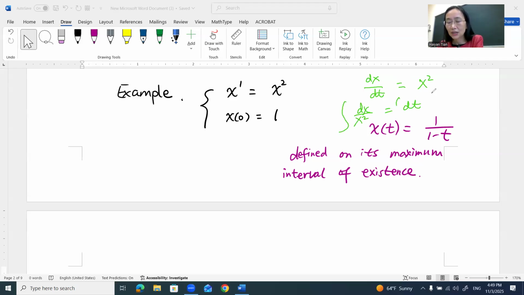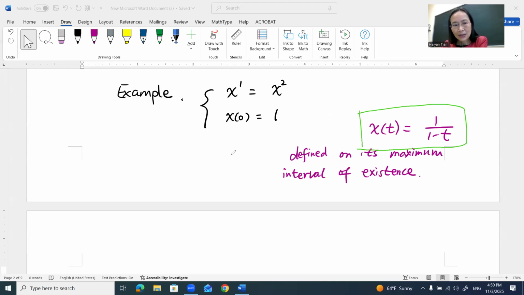So just do the integration, then you will have some integration constant. To decide the constant, you have to use the initial data. Then you will find a solution. This is something you should know before you take this course. And you can find a solution to the initial value problem.